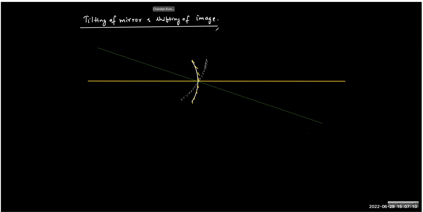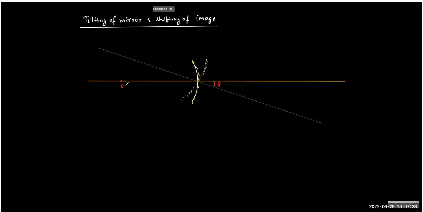So let's say you have tilted it by the value theta, and the object is here. And let's say we are supposed to find the position of the image.